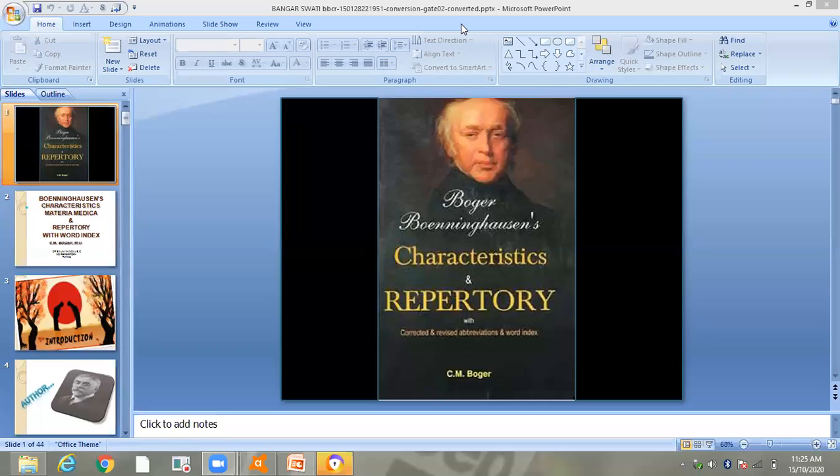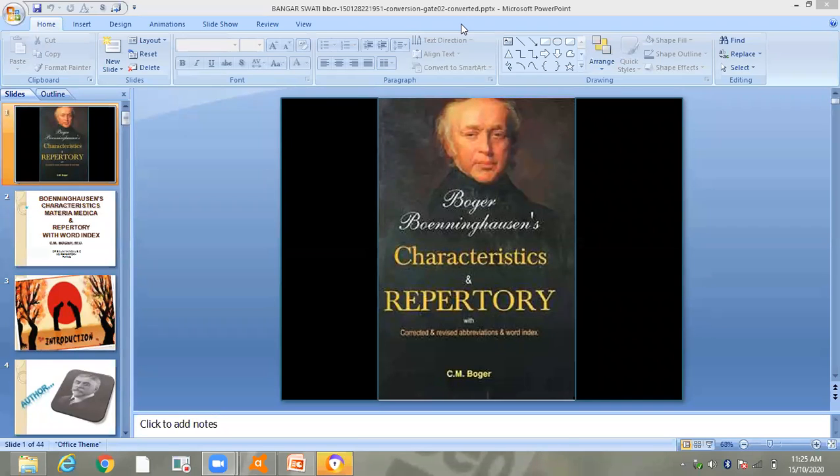So it may create confusion for the beginners, that for repertorization which rubric is necessary, which rubric we should select for repertorization, as the meaning of both rubrics is the same.